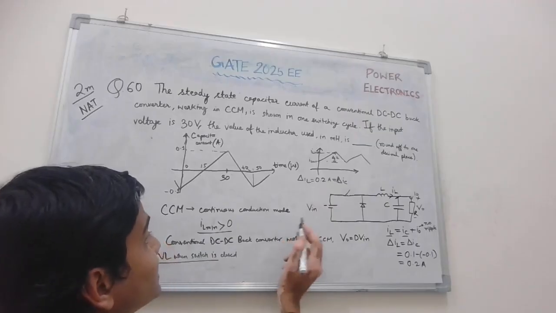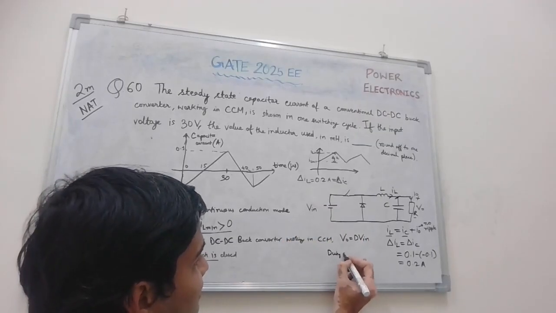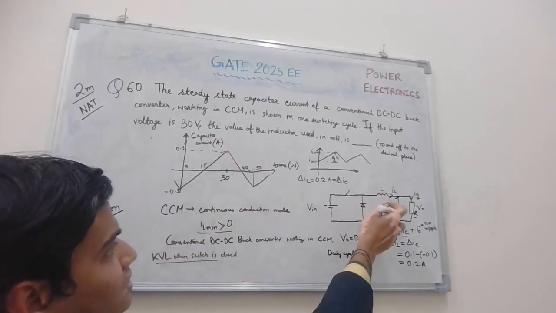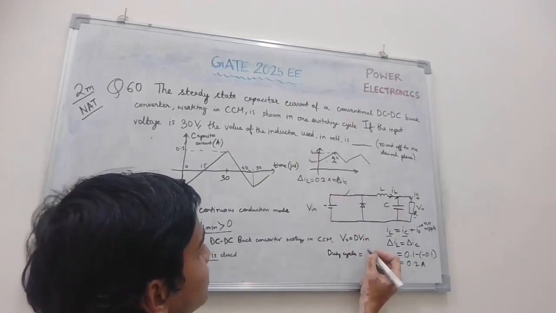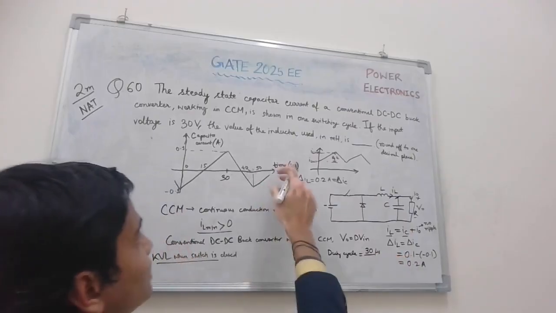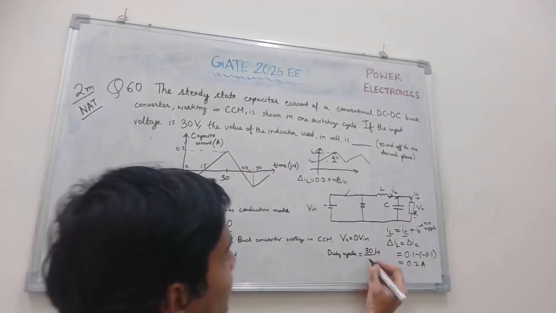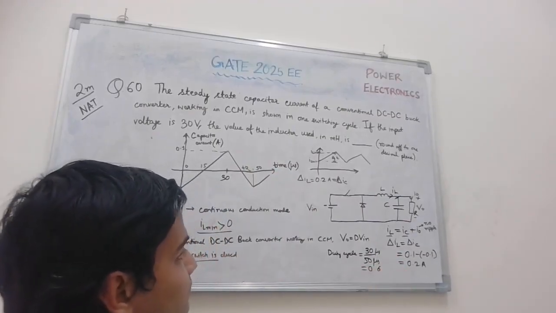So the duty cycle is the period for which the current increases, 30 microseconds, over the total switching time, 50 microseconds.